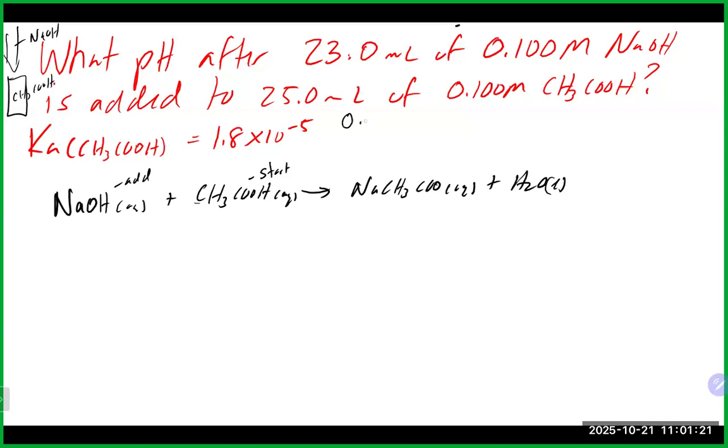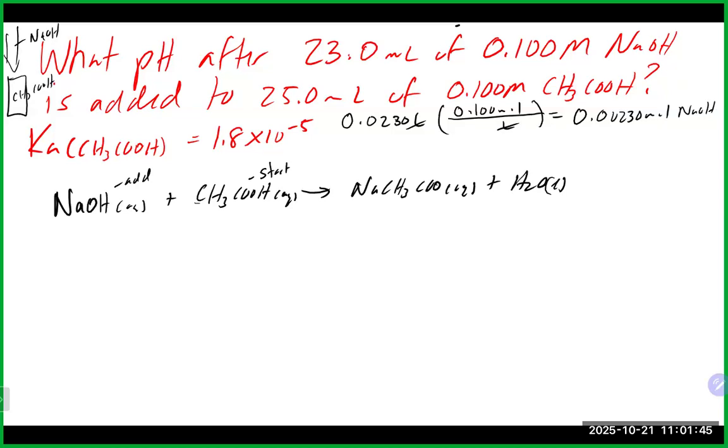So taking our 23 milliliters and converting it into liters, divide by 1,000 or move the decimal point, times 0.1 moles per liter. Our liters are going to cancel, and that's going to get us 0.0023 moles of sodium hydroxide.